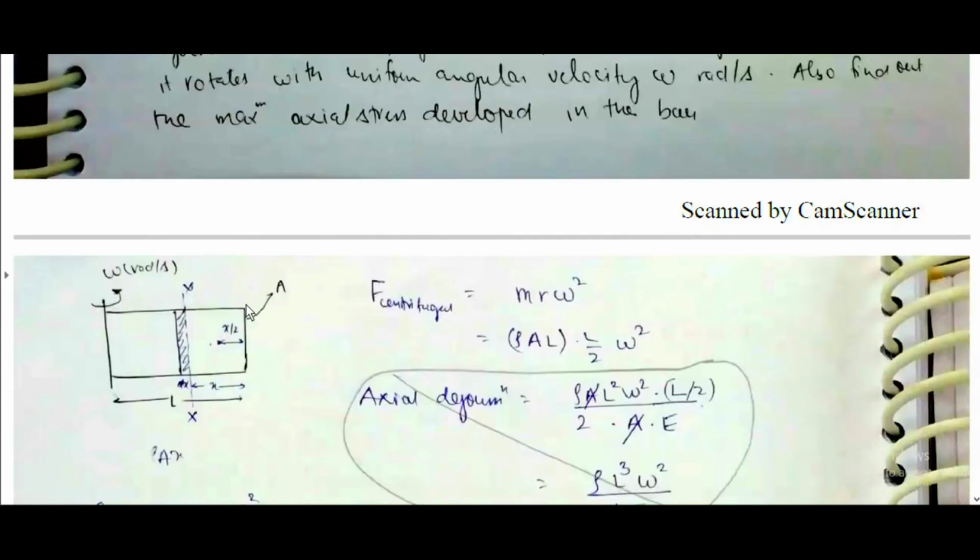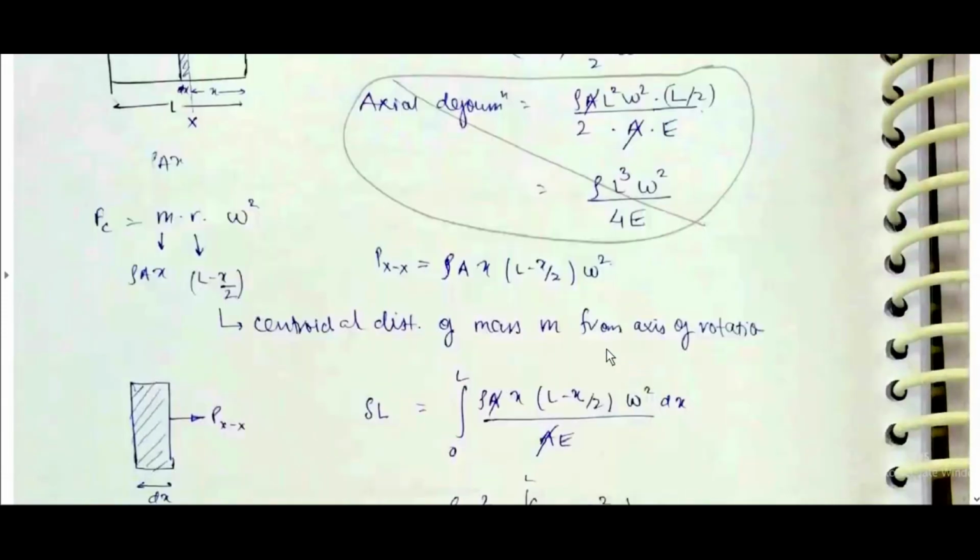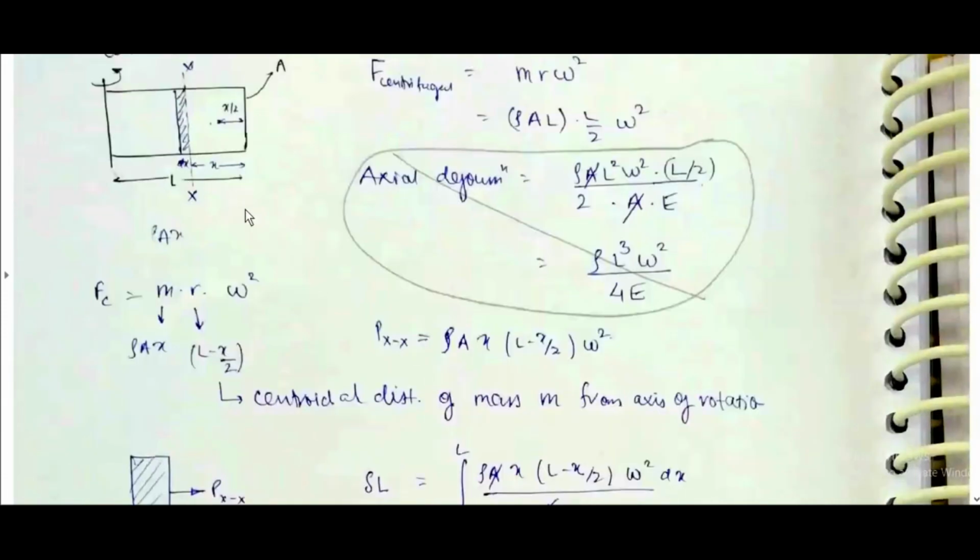If we consider a section at a distance r, then centrifugal force is equal to m r omega square, where m is rho A l into l at a distance x from the free end. Pxx is equal to rho A x into (L minus x by 2) into omega square.